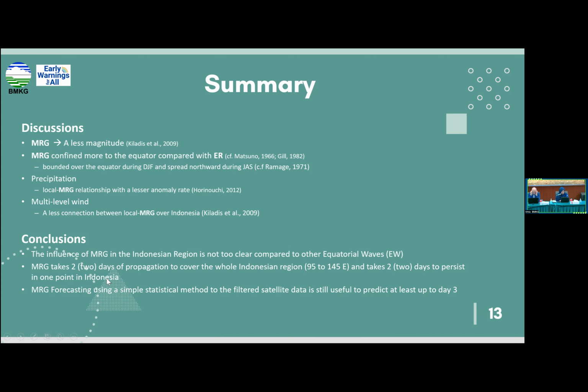MRG takes 2 days of propagation to cover the whole Indonesia region, from 95 to 145 east, and takes 2 days to persist at one coordinate or one location in Indonesia. And MRG forecasting using a simple statistical method, in this paper an autoregressive tool applied to filtered satellite data, is still useful to predict at least up to day 3 forecast lead time.